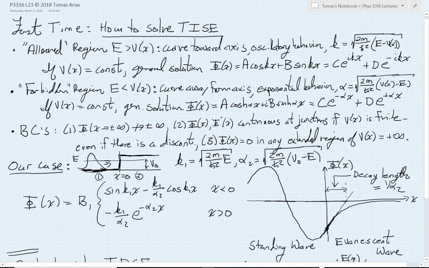In region 1, we had worked out the corresponding wave vector using the fact that the potential is 0 and our generic formula. And similarly, we worked out the exponential decay constant for region 2, given the height of our potential and our energy. And then finally, we used the boundary conditions to solve for every bit of the wave function except for this one constant that comes out in front.